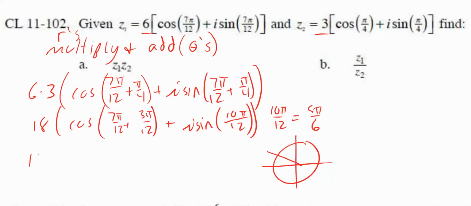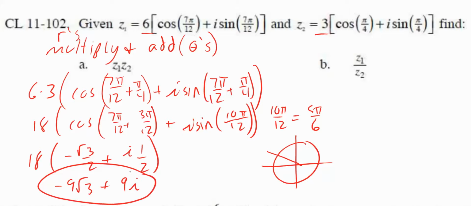So its cosine should be negative root 3 over 2, and its sine should be positive 1/2 times I. And if I multiply the 18 through and divide by 2, of course, I should get negative 9 root 3 plus 9i. There it is.